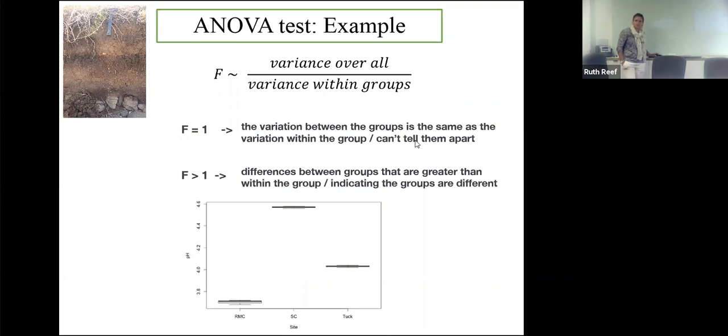The variation between the groups is the same as the variation within the group. So I can't tell them apart. If my F is bigger than 1, the variation between the groups is greater than the variation within the group, indicating the groups are different to each other.